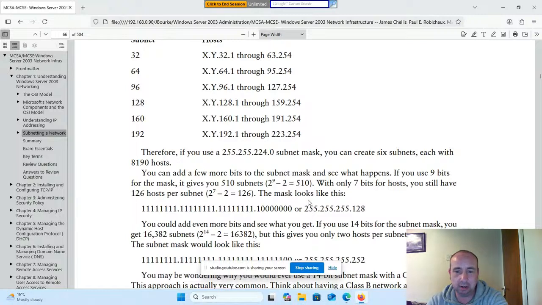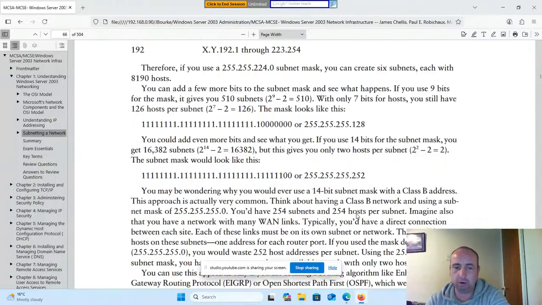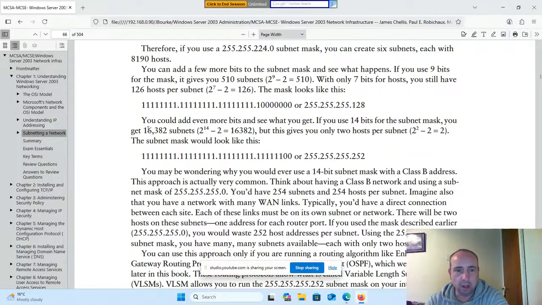The mask looks like this: 11111111.11111111.11111111.10000000, or 255.255.255.128. You could add even more bits to see what you get.